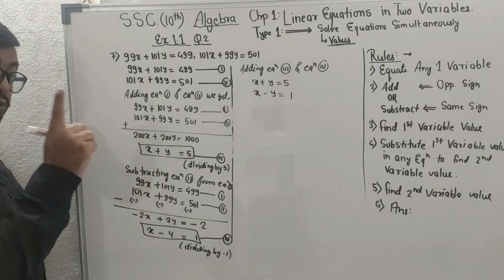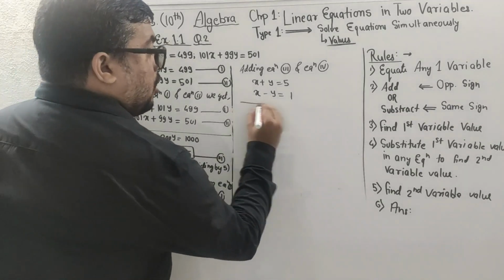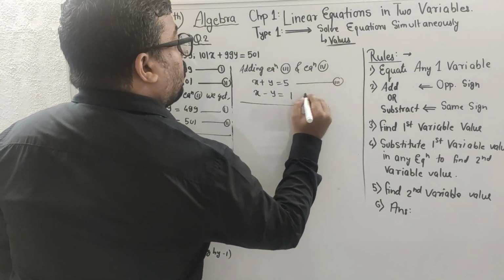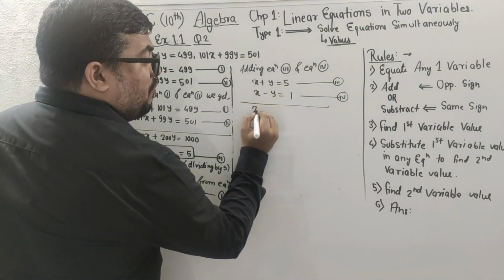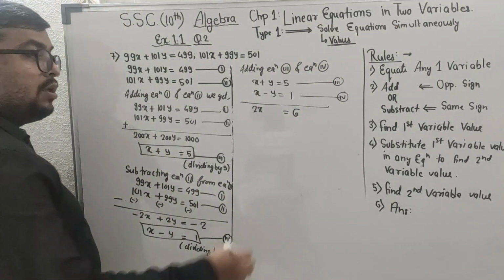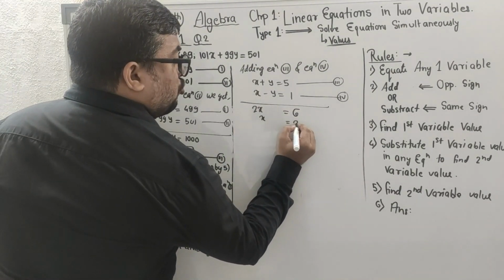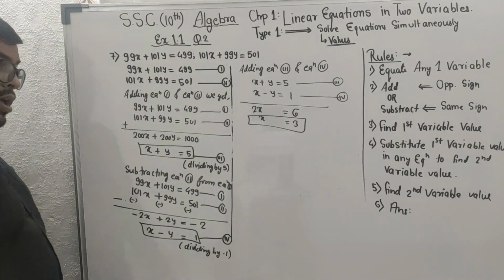Students, you have to add the third and fourth. This is your third equation, student. This is your fourth equation. x will become 2x and 5 becomes 6. x is equal to 3. You got the value of the first variable.